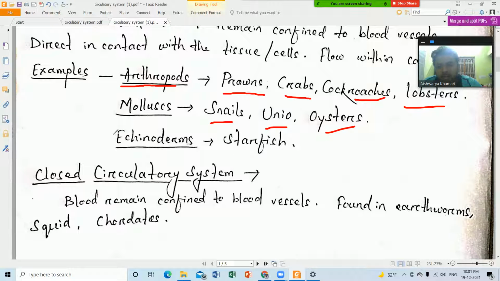Apart from that, some echinoderms, such as starfish, are under the category of open circulatory system. So this is all about the open circulatory system, where there is no involvement of blood vessels or blood carriers, any kind of arteries or veins.